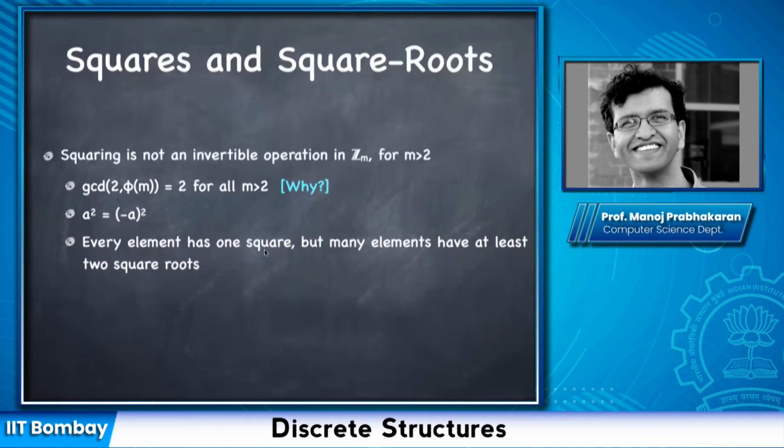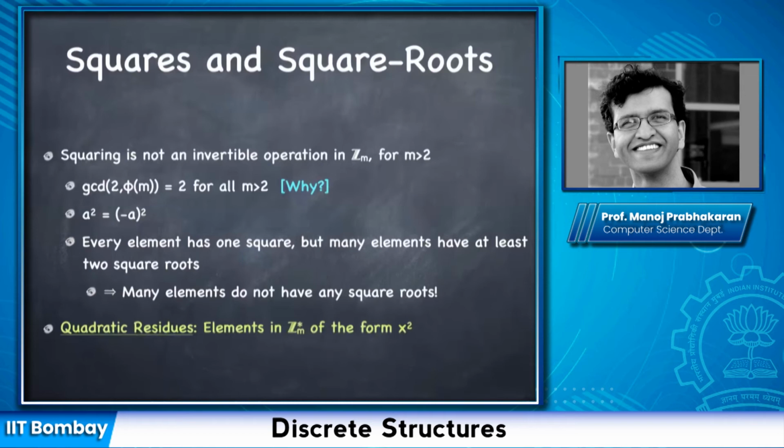So there will be many elements that do not have any square roots, because there are only m numbers yielding squares, but some of them are giving you the same square. So you do not obtain m distinct squares, which means there are some numbers which are not squares of any numbers. They do not have any square roots.